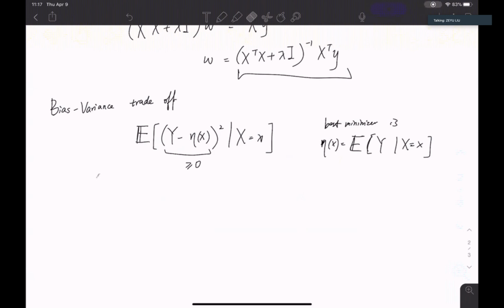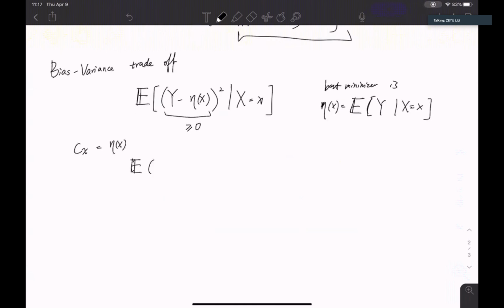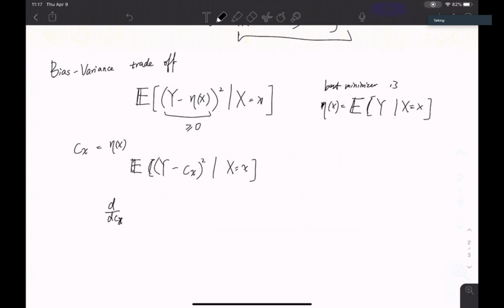Let's set c of x equals this. This does not change the results, but is just better for notation. And now we differentiate with respect to c of x. It will give us, so let me write.